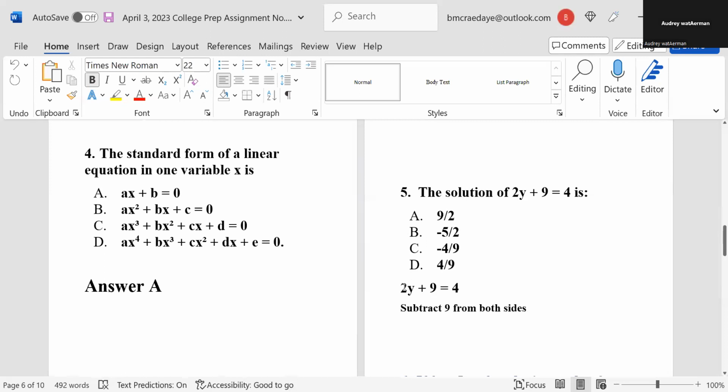And what do you get? Okay. Do that operation. Subtract the 9, minus 9, and minus 9.